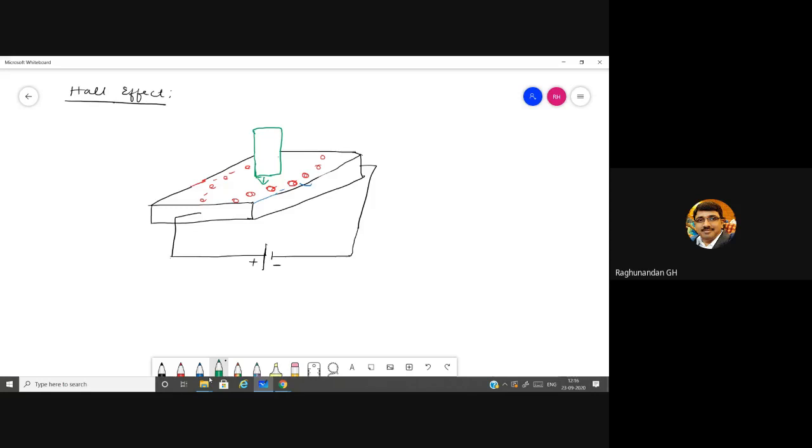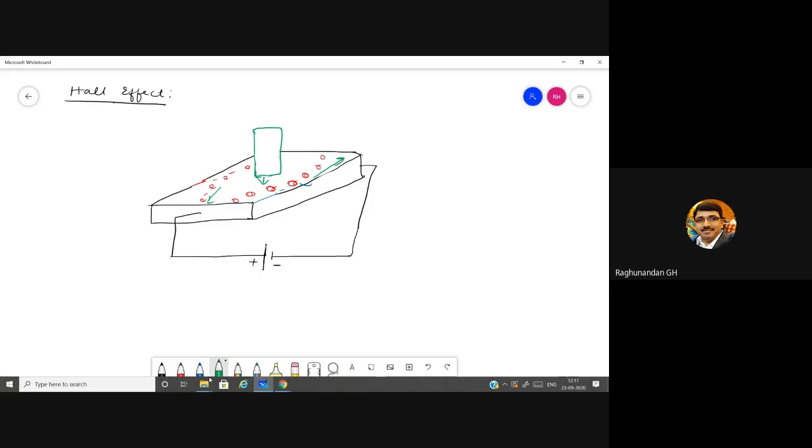Yes, Ninada. Can you tell me what was happening before and what is happening now after introducing the magnetic bar? The polarities are getting changed. No, electrons are moving like this only, and holes are moving like this only.